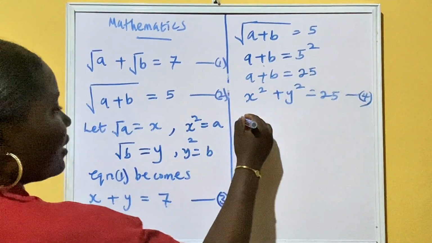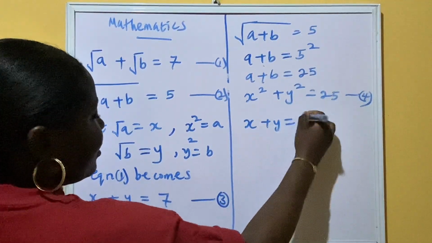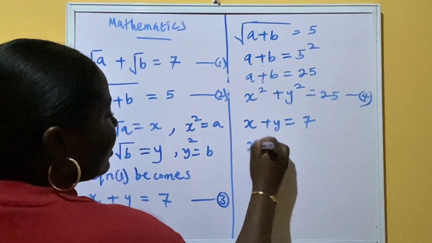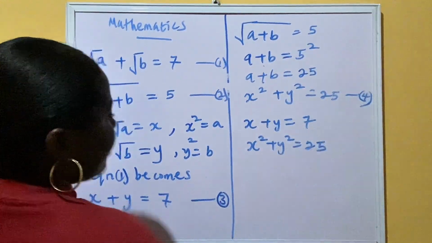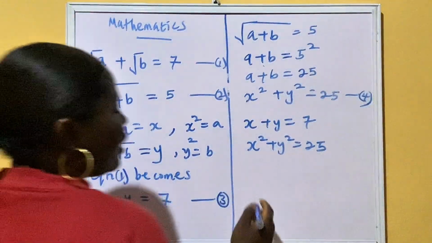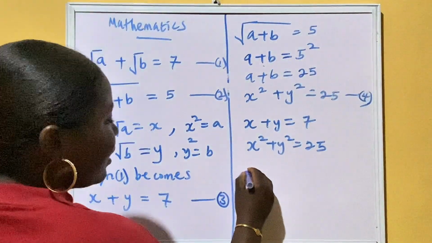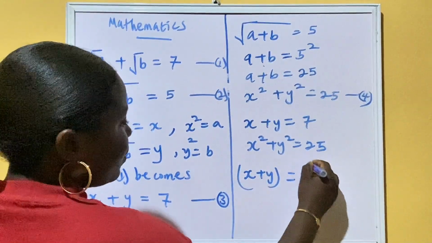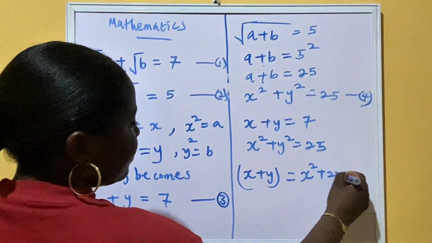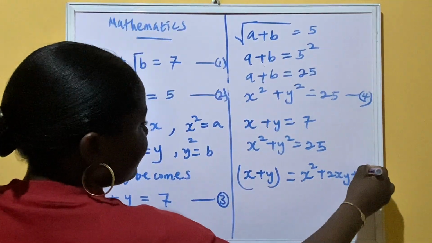So we have two equations now. Let's put them side by side: x plus y equals 7, and x squared plus y squared equals 25. Now, remember that x plus y squared is equal to x squared plus 2xy plus y squared.